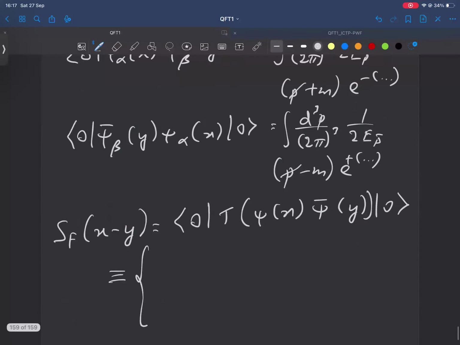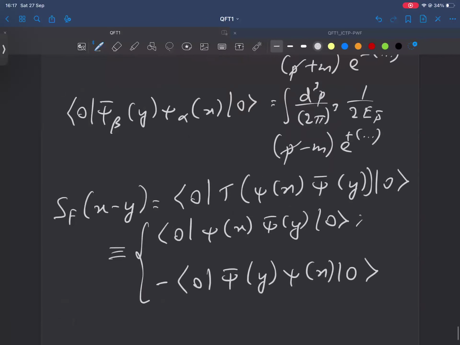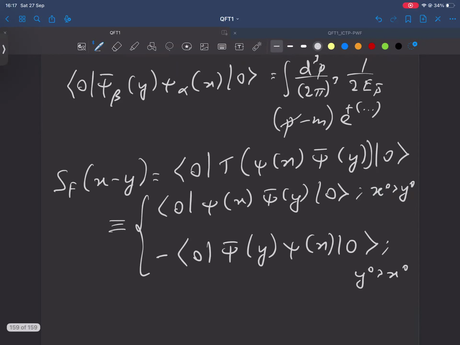So this gives us 0 psi x psi bar y acting on vacuum, and minus psi bar y psi x 0. Okay, the first thing when x0 is greater than y0, and the second thing when y0 is greater than x0. So recall the Heaviside step function, and that's what time ordering means.